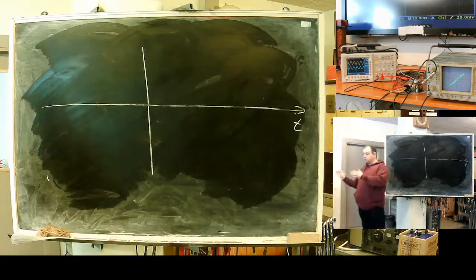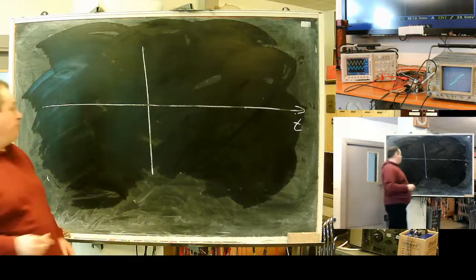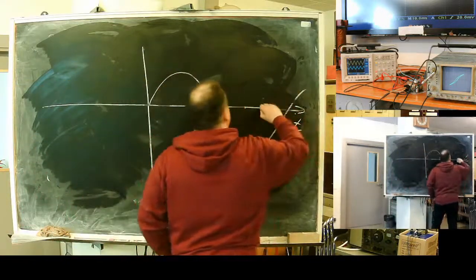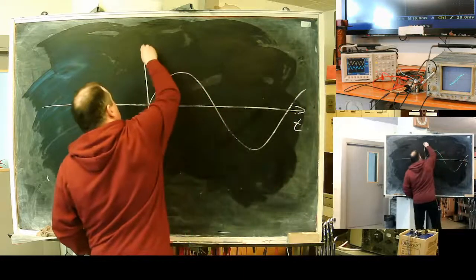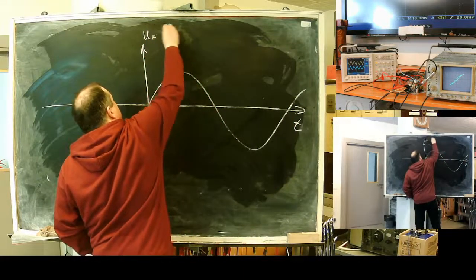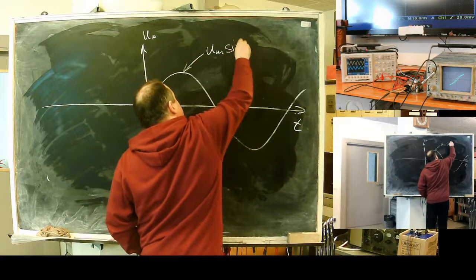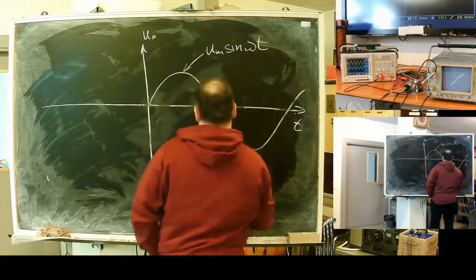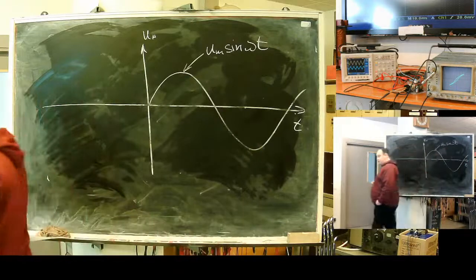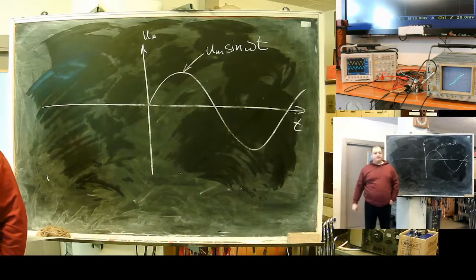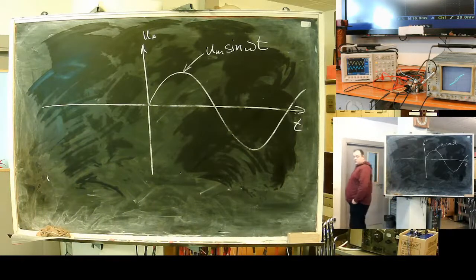The transformer is connected to the mains with voltage sine omega t, 50 Hz. What happens?